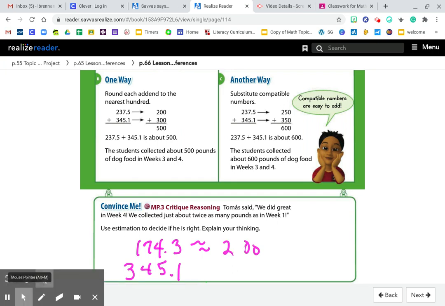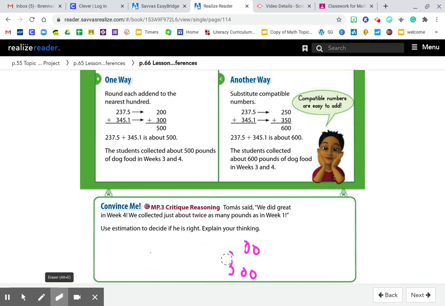And we round this value to 300. We collected just about twice as many. I don't really think so. But I guess that's an okay statement because I don't really like it. I would say no, but you might argue with me and say yes.